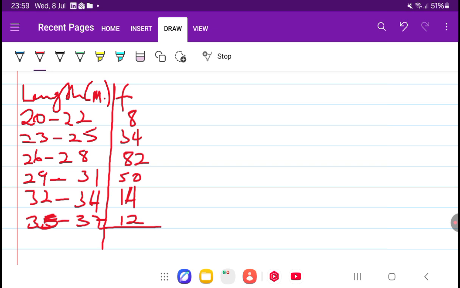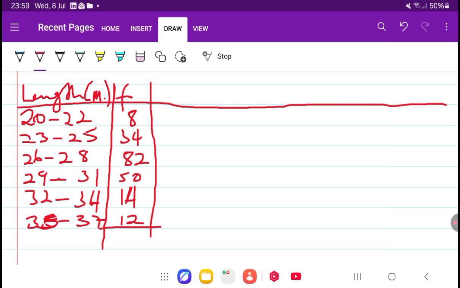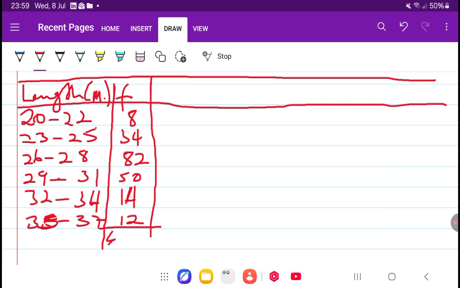So we get our total frequency. This is summation F, and they told us they are 200. So we can pick it from the cumulative frequency.